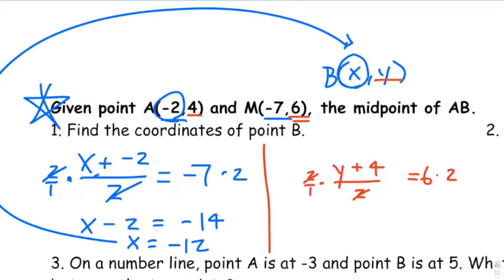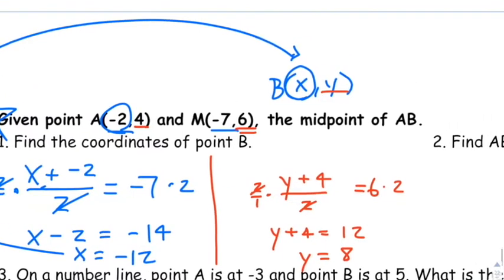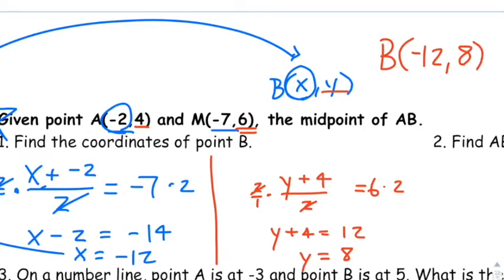The 2's cancel out. You got y plus 4 equals 12 on the other side. And then we'll just subtract 4 from both sides, and then we'll get 8. So that means if we slap these together, we have the other endpoint. The point B is going to be the ordered pair negative 12 comma 8.